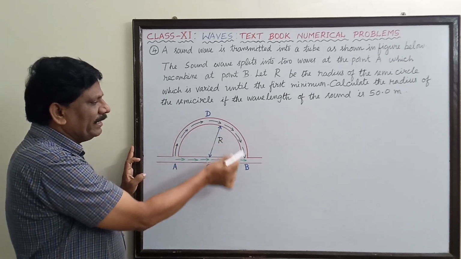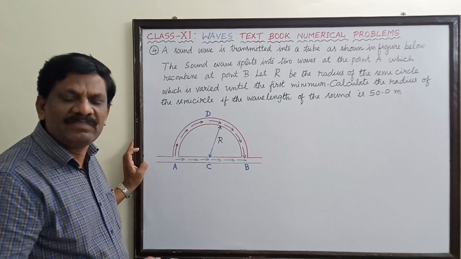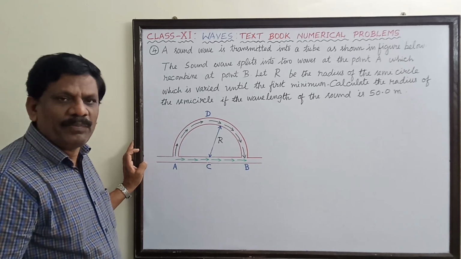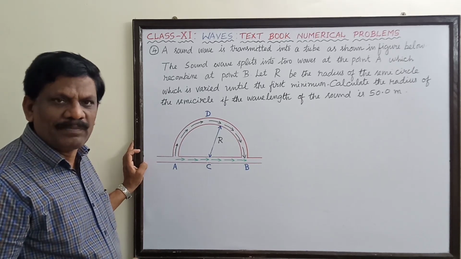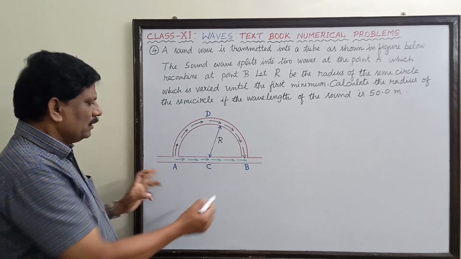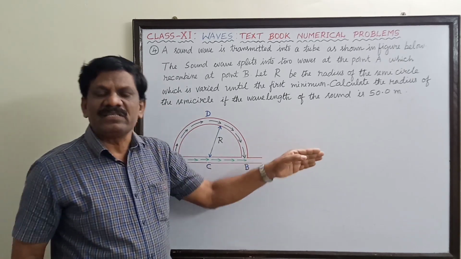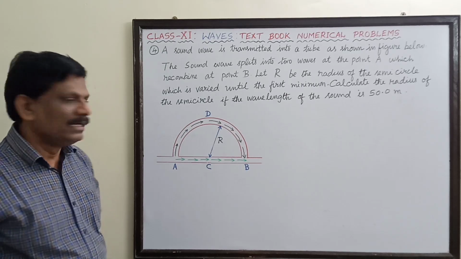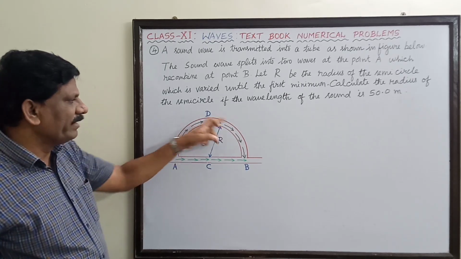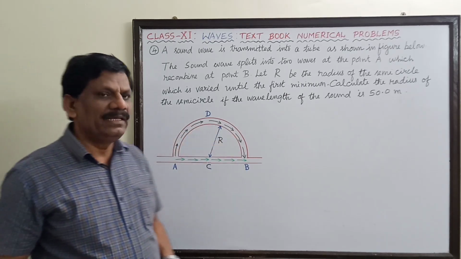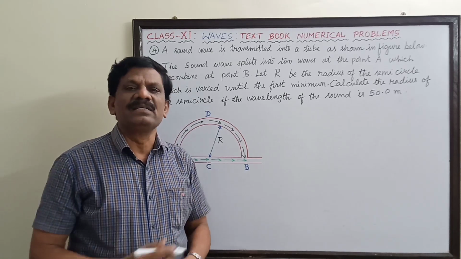So this path ADB must be equal to half the circumference. So 2 pi r divided by 2, that is equal to pi r. So the portion of the sound traveling along the straight line path travels a distance equal to 2r, and the sound waves traveling along the curved path ADB is traveling a distance equal to what?